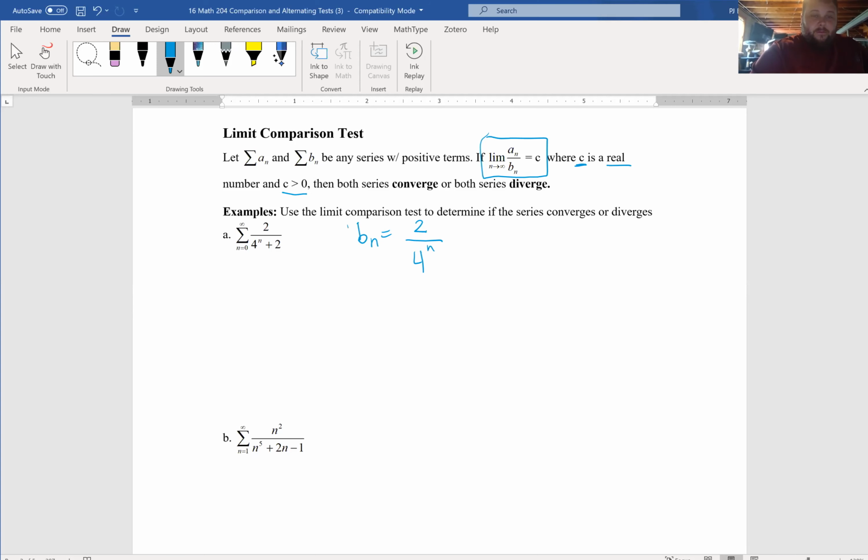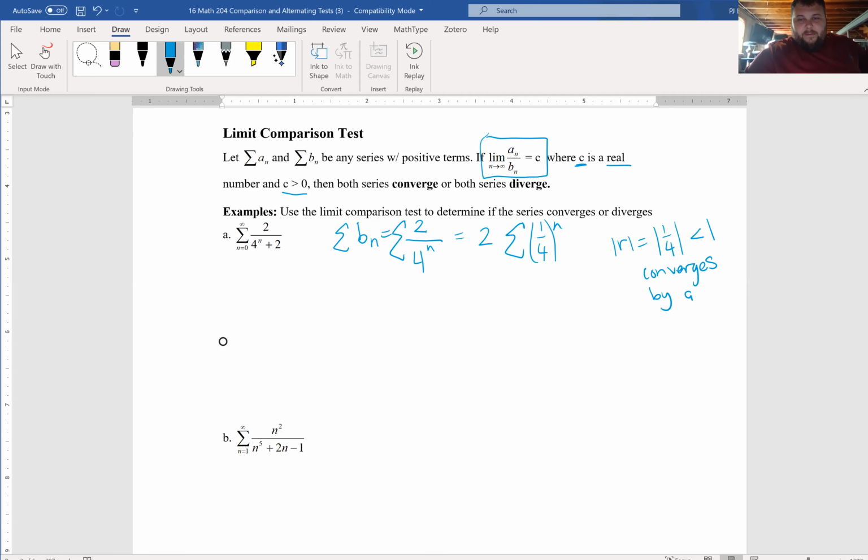If I put a summation in here, you can pull the 2 out in front, and that would be 1/4 to the n. Absolute value of r is absolute value of 1/4 in this case. That is less than 1, and therefore we get convergent by geometric series. Okay, so B sub n converges.